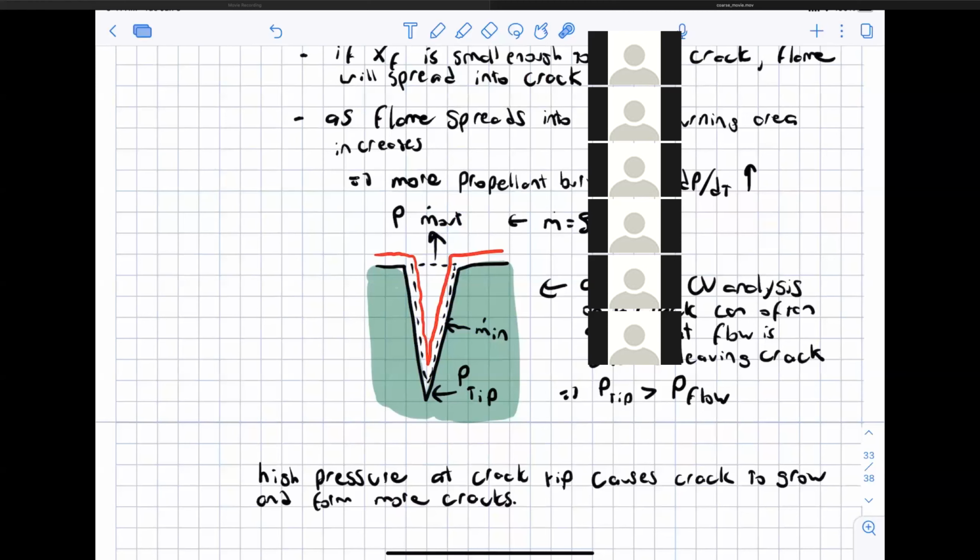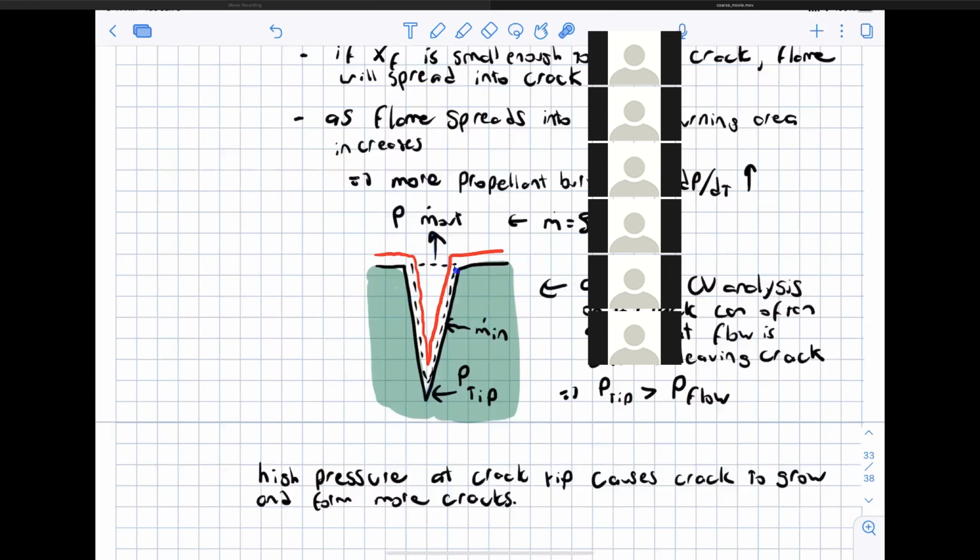So basically, what happens if the flow becomes choked at the crack is that, to accommodate all the mass that is coming in, the pressure at the tip of the crack in the bottom will be far higher than the pressure of the gas exiting the crack. That's just due to the choking effect.